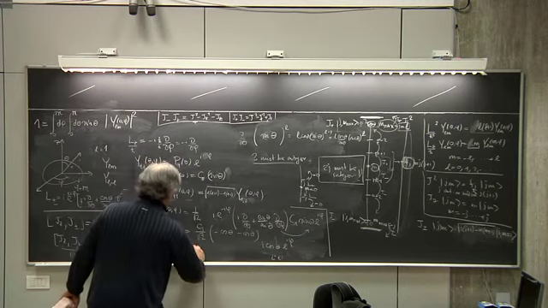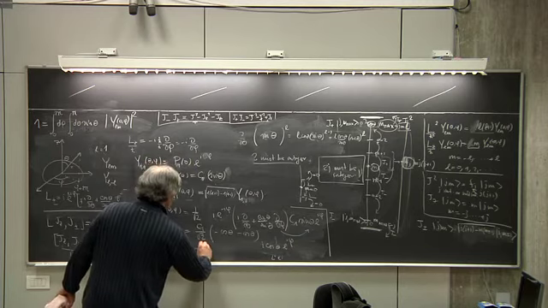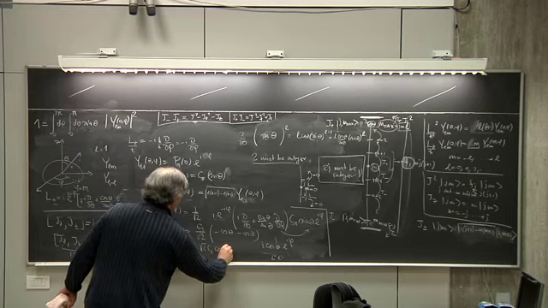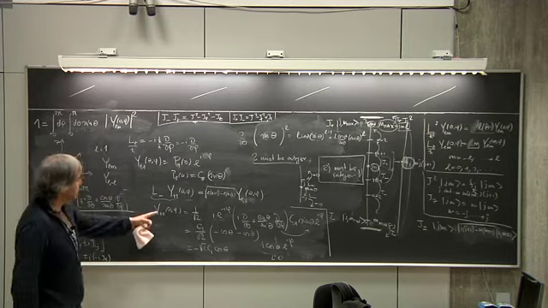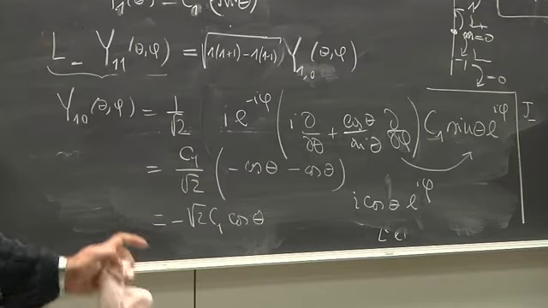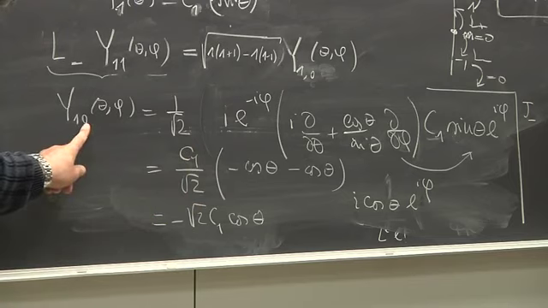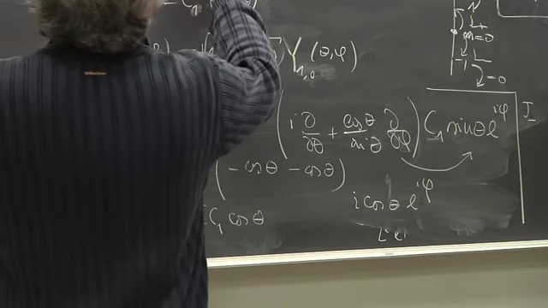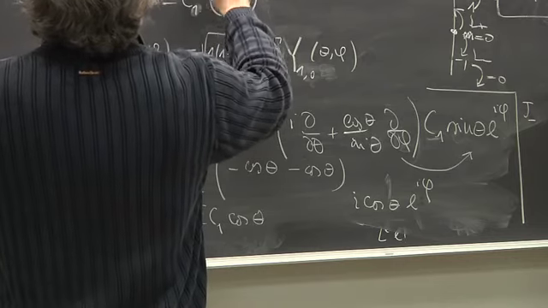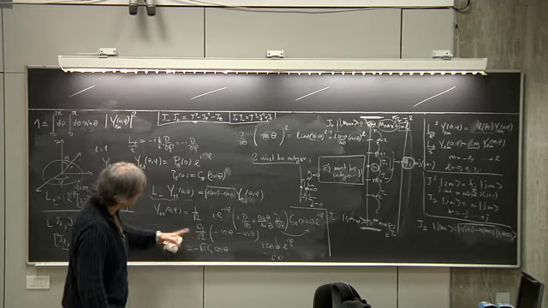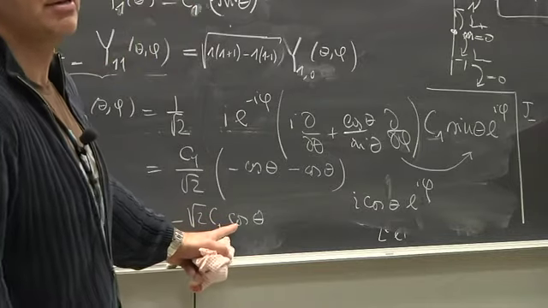So the thing is minus square root of 2 C1 times the cosine of theta. So there is no dependence on phi, which you should expect, because m is equal to 0 there. So it's like having e^(imφ) with m equal 0. So no dependence really on phi, and the dependence on theta is now cosine rather than sine.